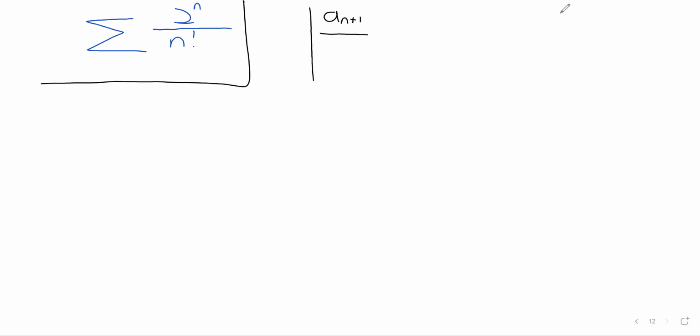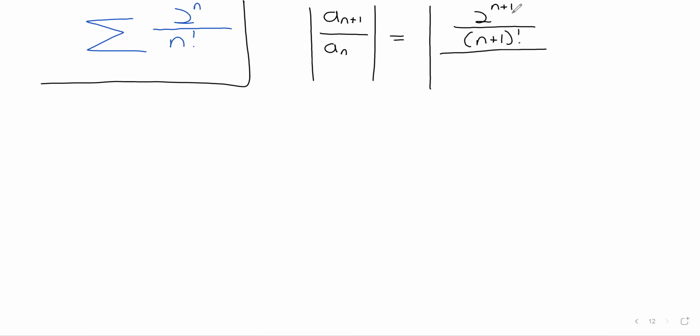Just so that I'm not writing lim n goes to infinity a dozen times, I like to simplify the ratio first. We'll take a limit at the very end. 2 to the n plus 1 over n plus 1 factorial, divided by 2 to the n over n factorial.